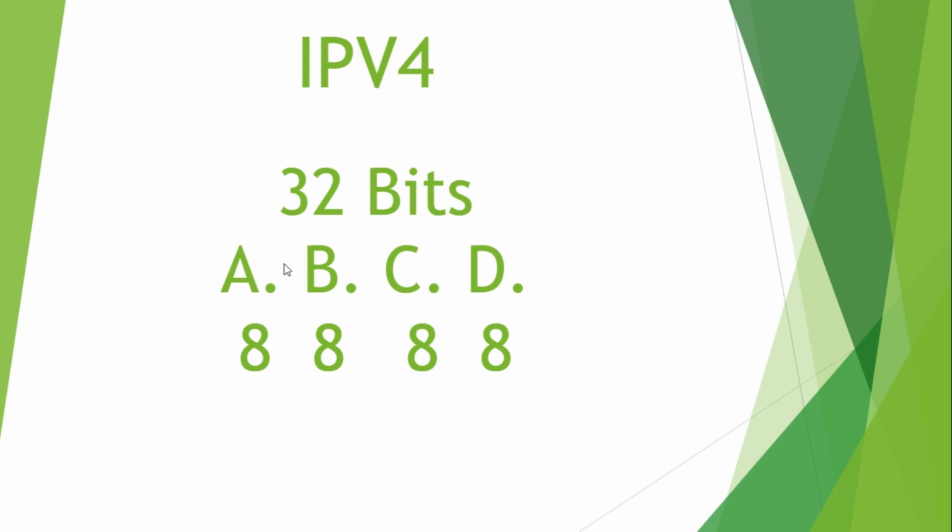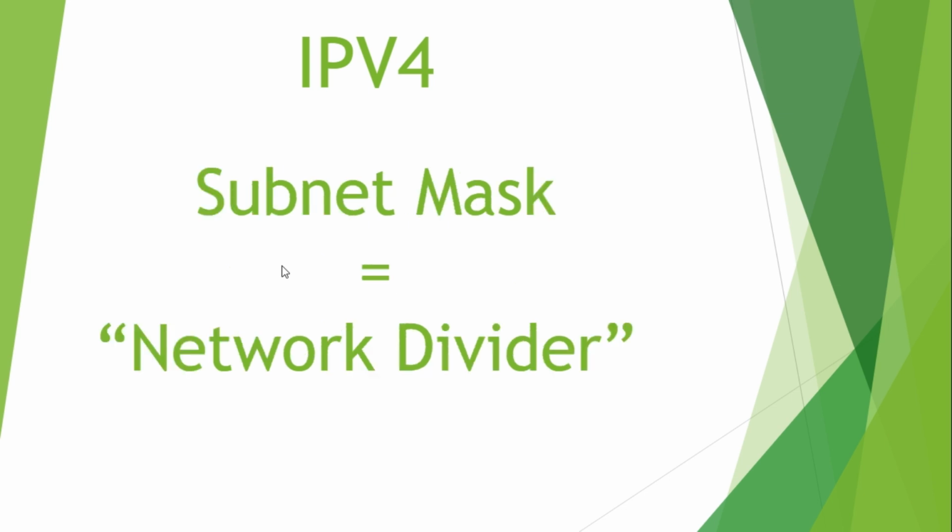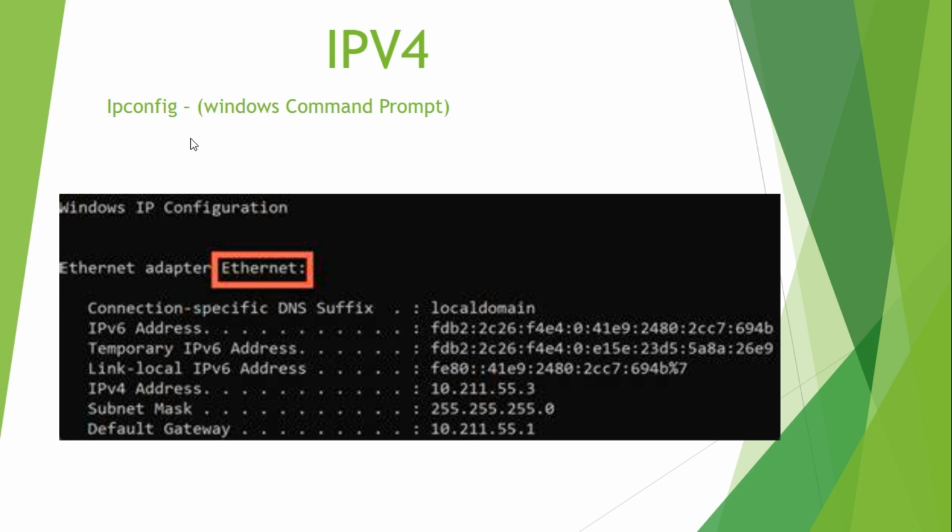We're not going to focus on the binary right now, but just realize that this is written in binary. Another thing you should know: the subnet mask equals the network divider, also known as the mask or subnet. That way you can distinguish what part of the IP address is for the network and what part is for the host. If you type in ipconfig, notice here we have the IPv4 address 10.211.55.3.